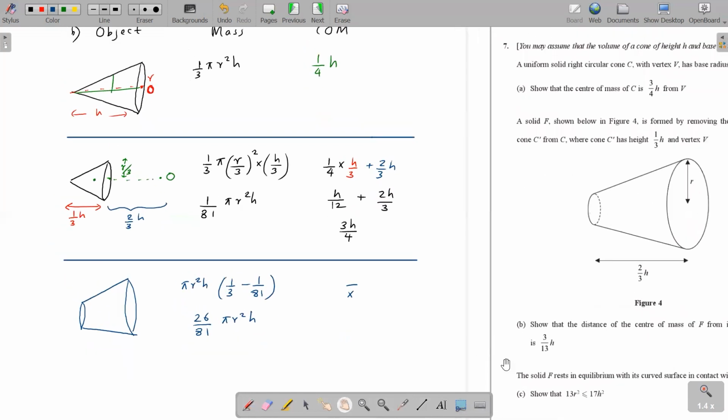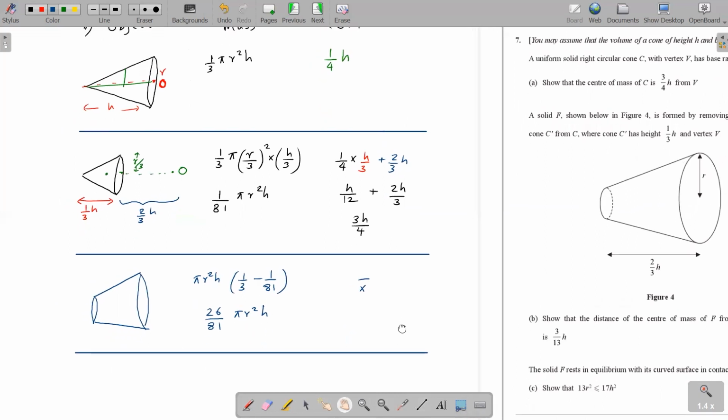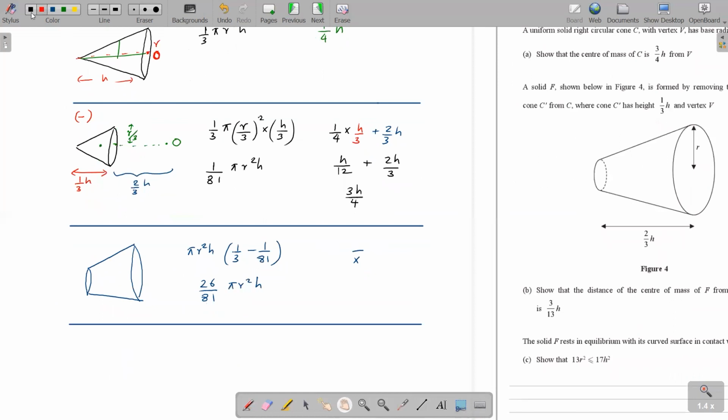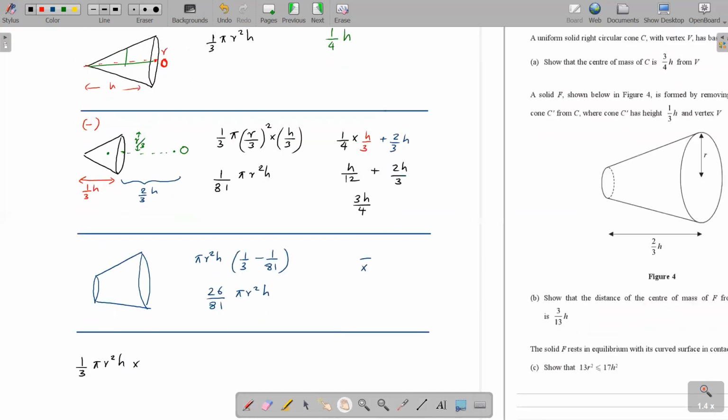Okay, so we are ready with the table now. Now it's time to apply: take mass into center of mass and get the answer. So let's multiply. Remember, from the large cone, you are removing the small cone. I put a minus sign to remind us that we are supposed to remove. From the large cone, we remove the small cone and we get this frustum shape. So let's multiply. 1 over 3 pi r square h multiplying with 1 over 4h.